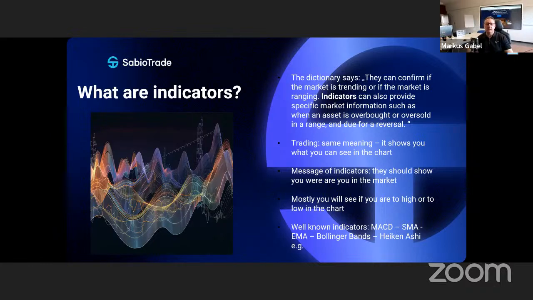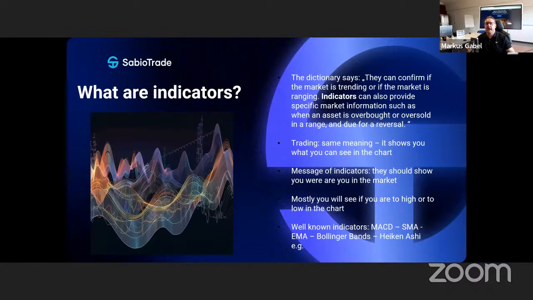So that means indicator or trading, same meaning. It shows you what you can see in the chart. The message of an indicator should be to show you where you are in the market. Mostly, if you use an indicator, you will see if you are too high or too low.